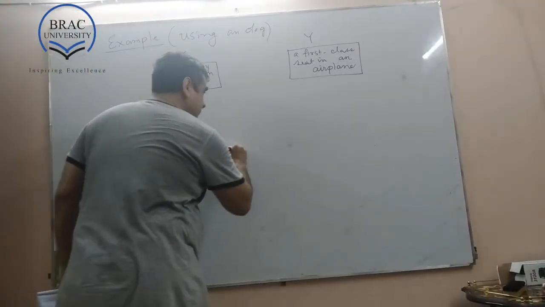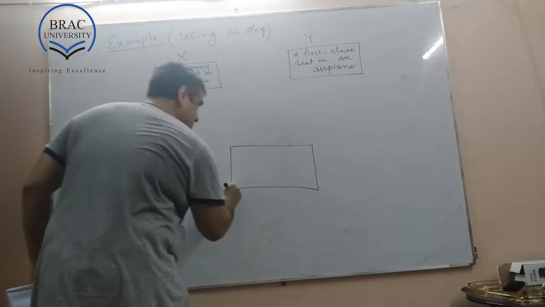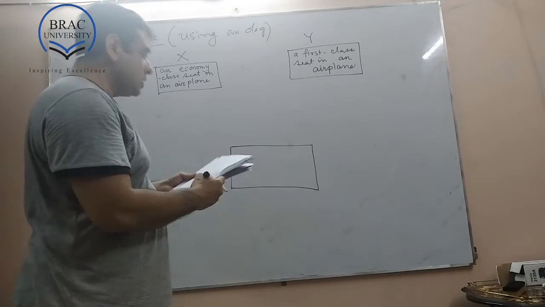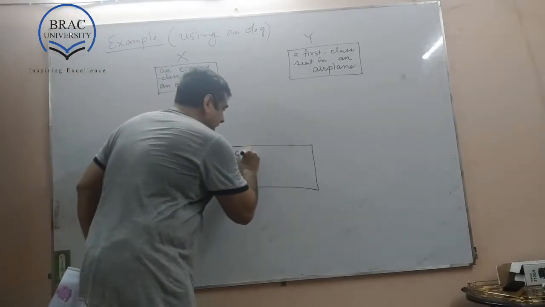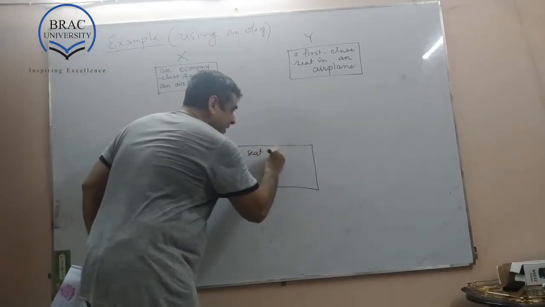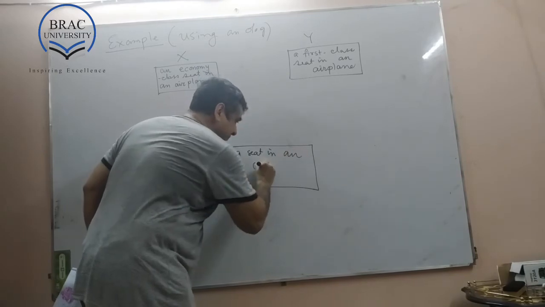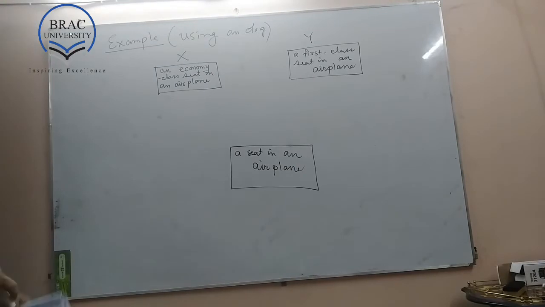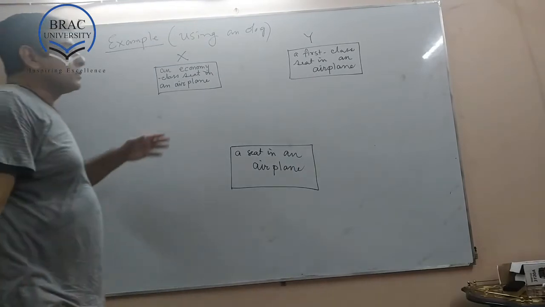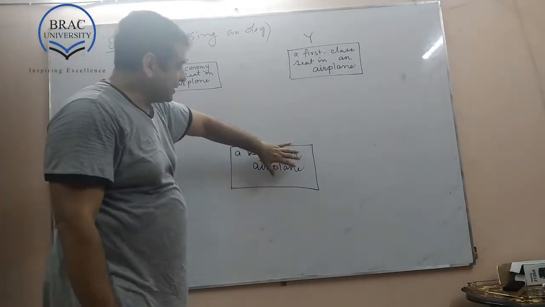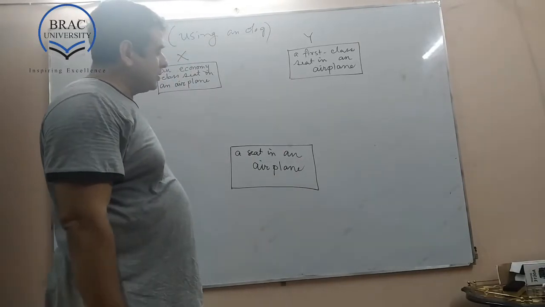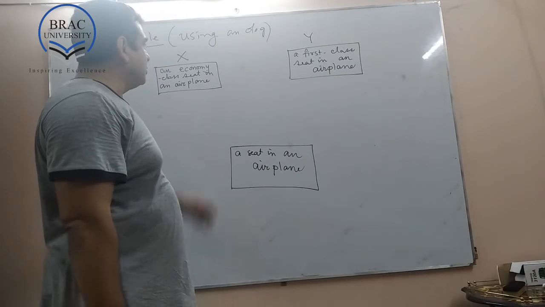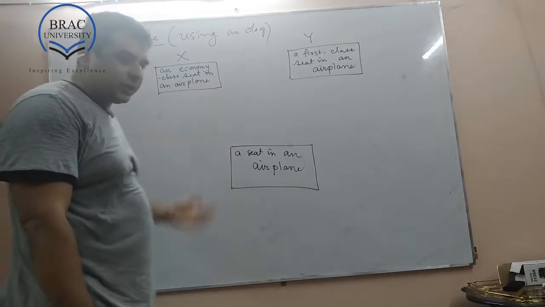And here is the coproduct of these two types, called simply a seat in an airplane. Right? Think about the fact that this is not a set, this is a type. This type is a disjoint union of these two types.